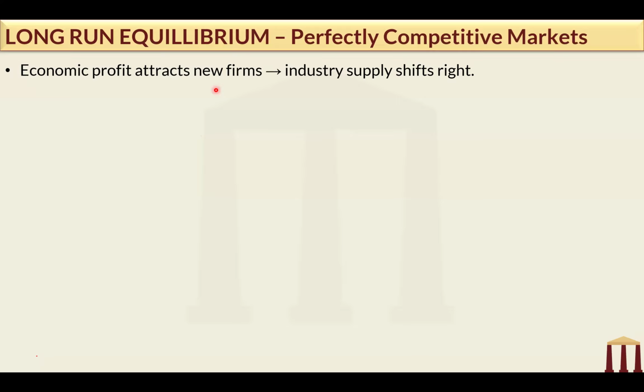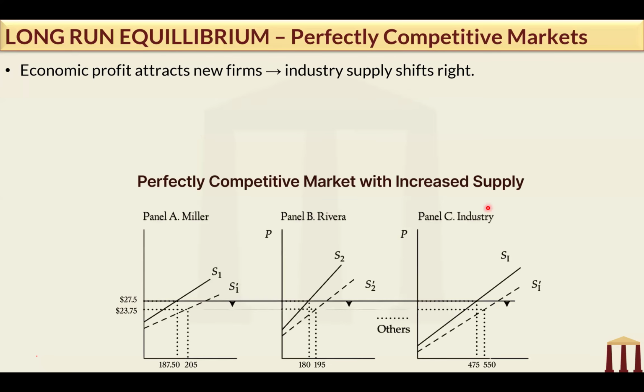And this additional output will increase the industry supply, and that is why the supply curve will shift to the right. In the figure, you can see the supply curve shifting to the right. So entry lowers market price towards the minimum AC.